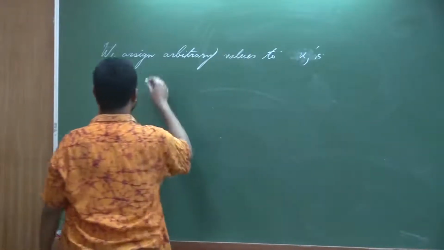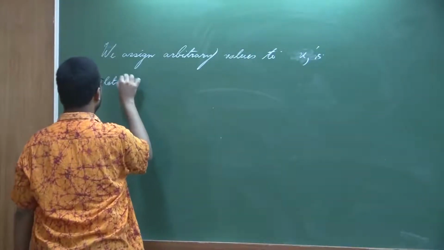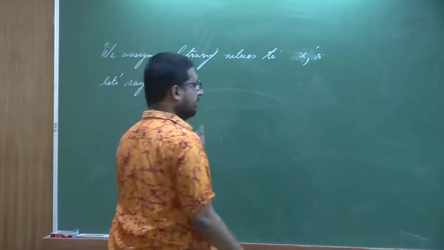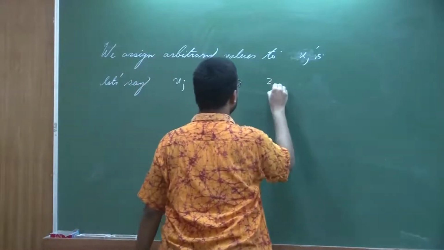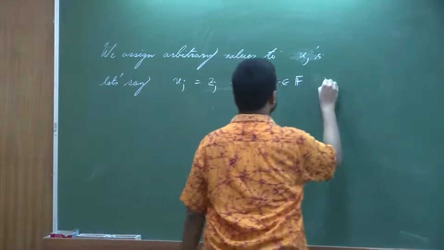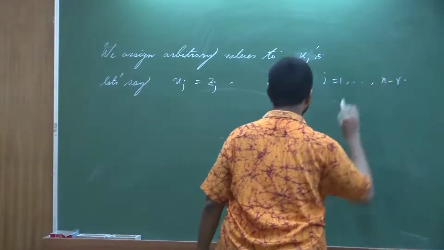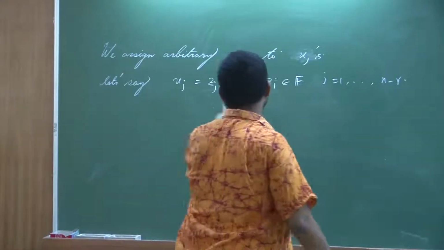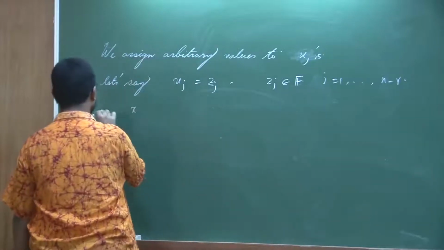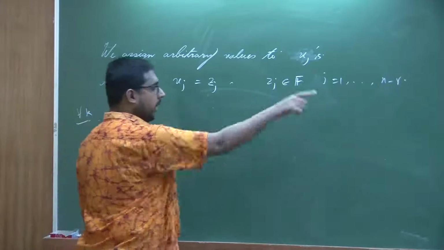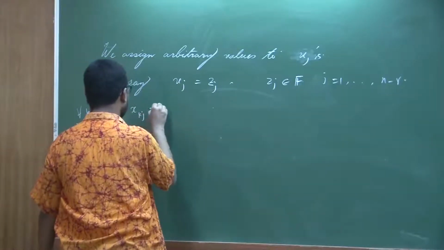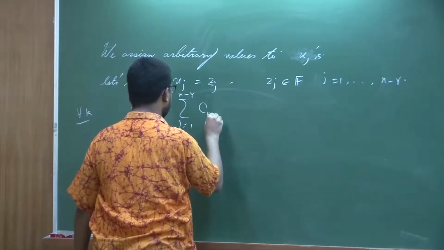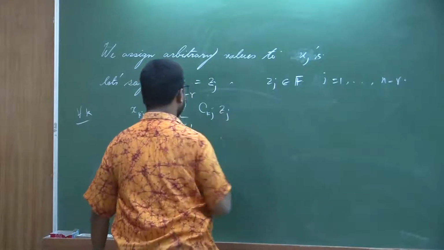So, let's say we set u_j equal to some z_j, where z_j is from F and j from 1 up to n minus r. Okay. So, if we assign arbitrary z_j's to the corresponding u_j, then it is easy to see that for any k from 1 up to r, x_kj is nothing but the summation over j up to n minus r of c_kj z_j. Okay.